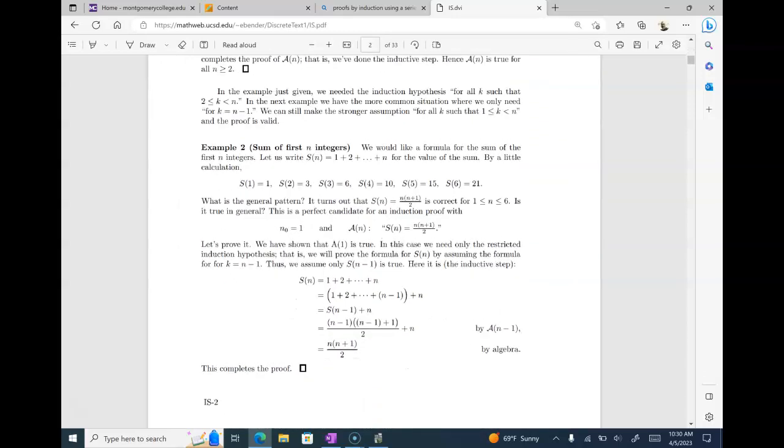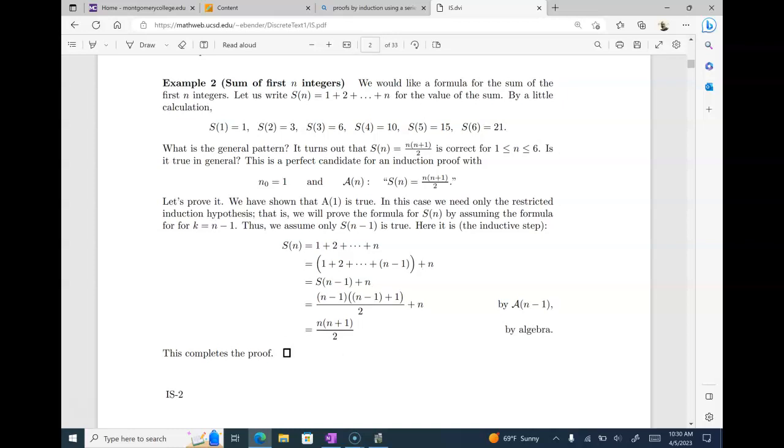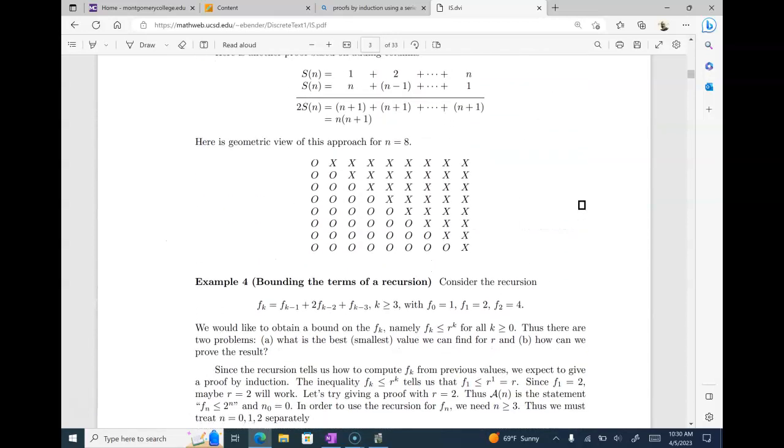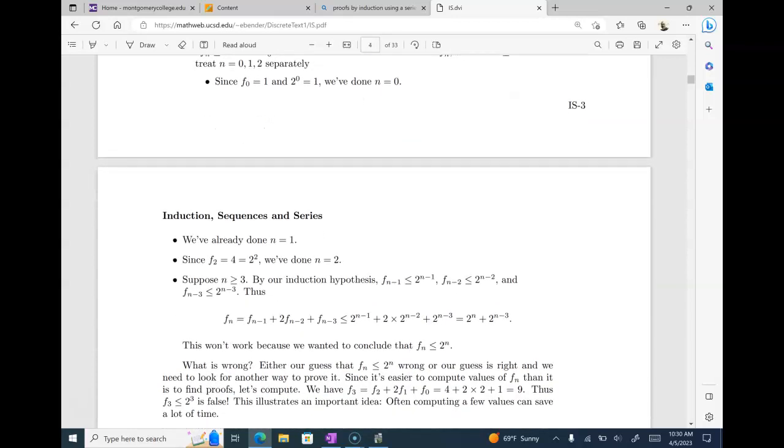Oh, here. So here's that first one. This is the one that Gauss proved pretty quickly. So you probably couldn't even put that series in.